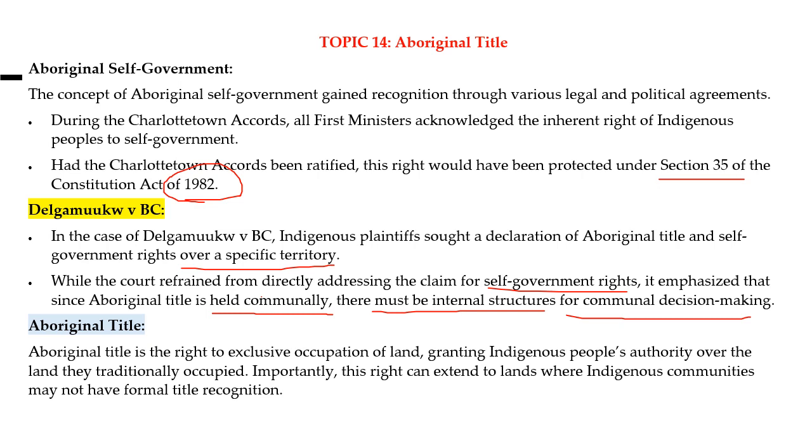So what is aboriginal title? This is the right to exclusive occupation of land where indigenous people live, granting indigenous people authority over the land that they traditionally occupied. This right can extend to land where an indigenous community may not have formal title recognition, but they have been traditionally living.